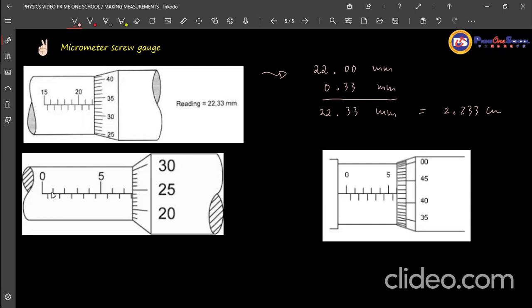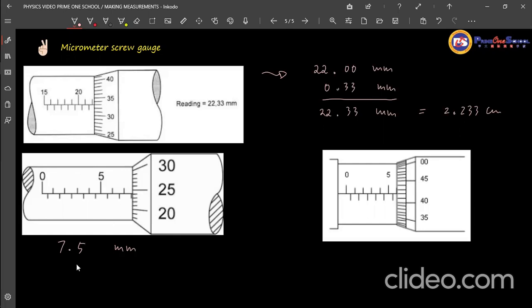Look at this. This one is 1 millimeter, 2, 3, 4, 5, 6, 7. Oh, look at this. Be careful. 7.5. It becomes 7.5 millimeter. And then now, what about the micrometer scale? This one 20, 21, 22, 23, 24.